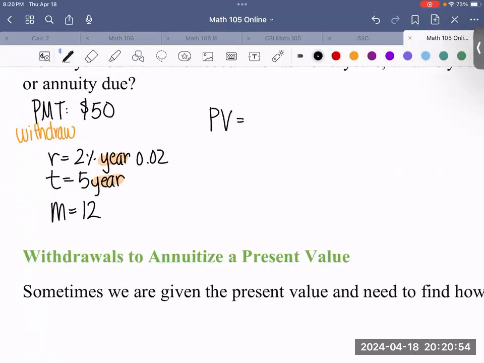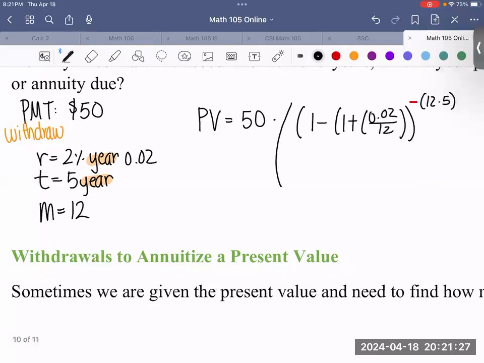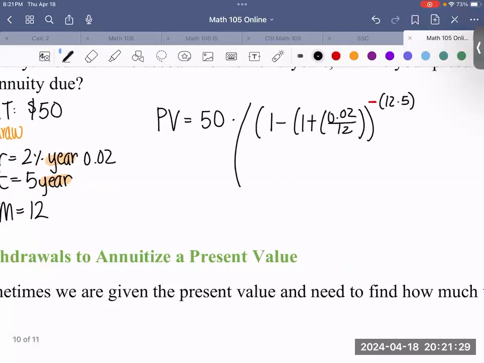Your PV is equal to your $50 times, and because we're working with the value at the end of each month, we're going to be working with ordinary. So opening a parenthesis to start, and then 1 minus 1 plus 0.02 over 12 raised to, again, the negative 12 times 5. That all looks good.